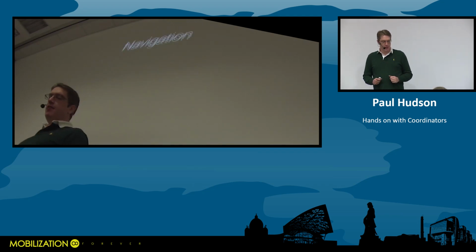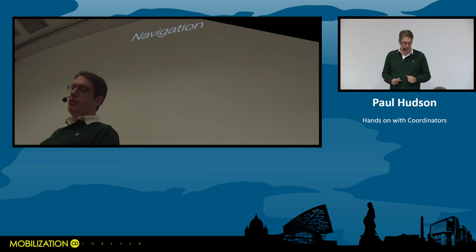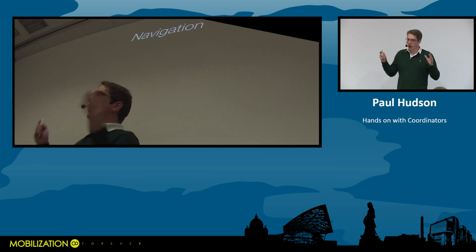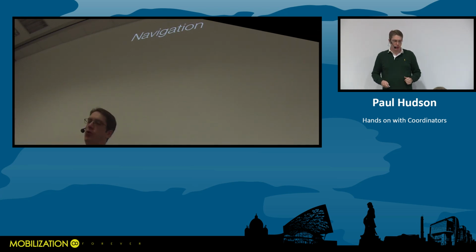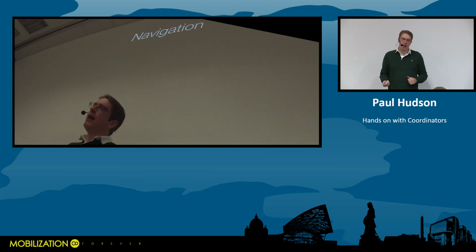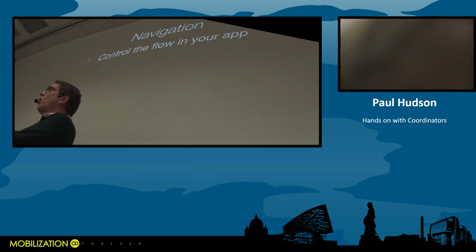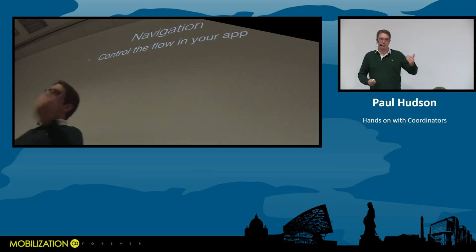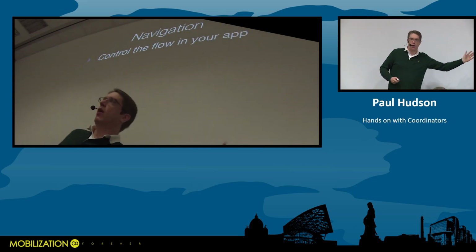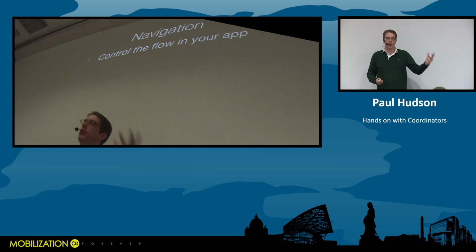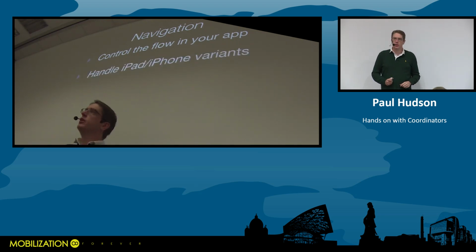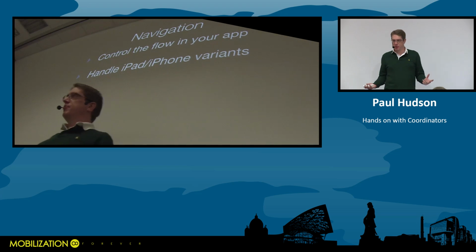Then there's navigation. And this is where things get more interesting for today's talk, because it's more complex than people realize. Fine, it controls the flow of your app, going from A to B to C to D to X, Q, Y, Z, or whatever at the end. The whole flow. But also, do you have iPad variants and iPhone variants?